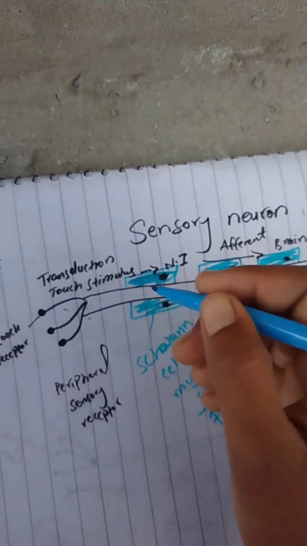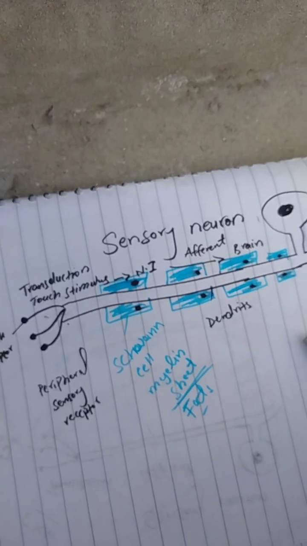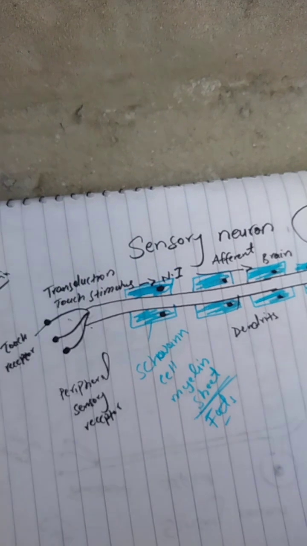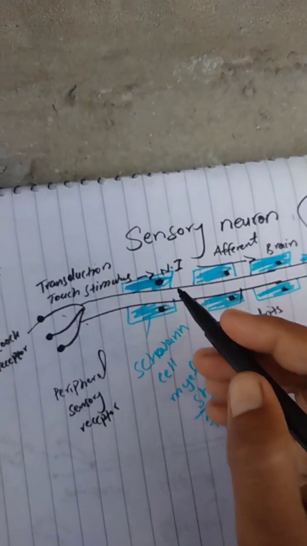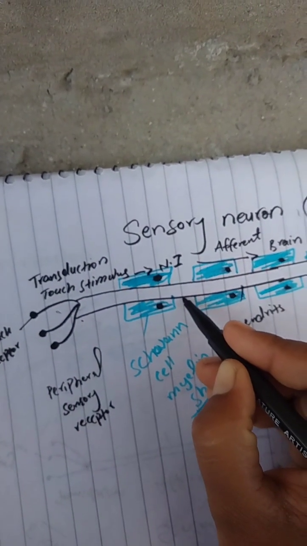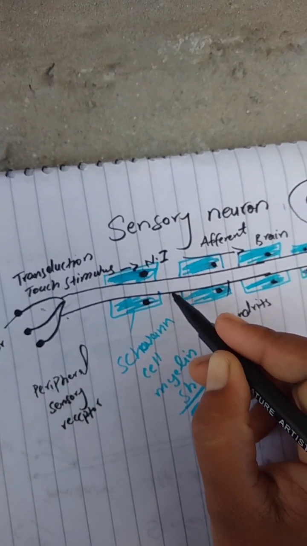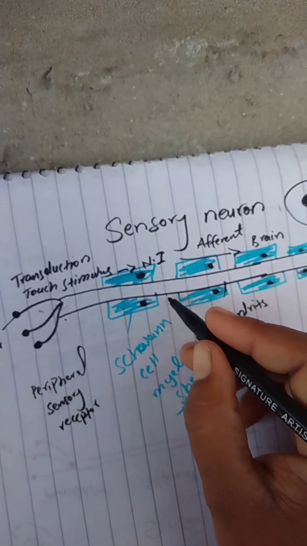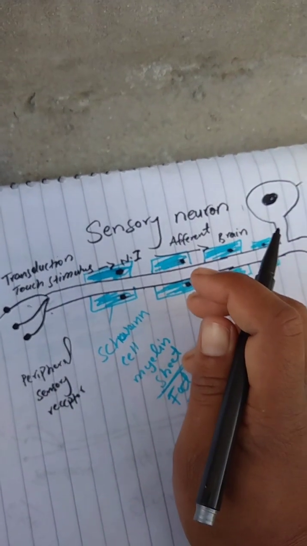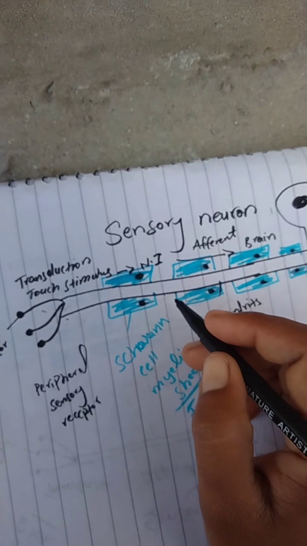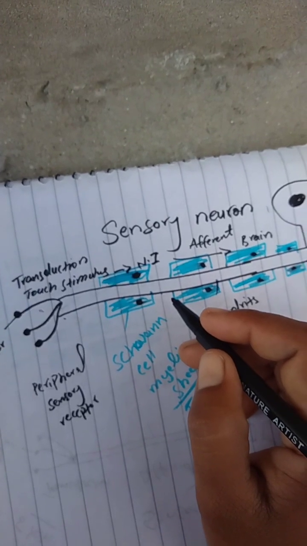So a little gap is present between these Schwann cells, called the neurofibril node or node of Ranvier.